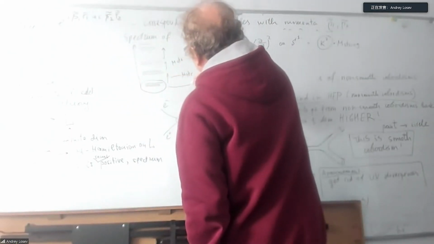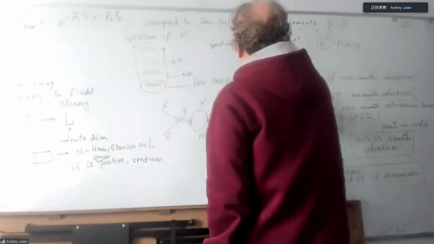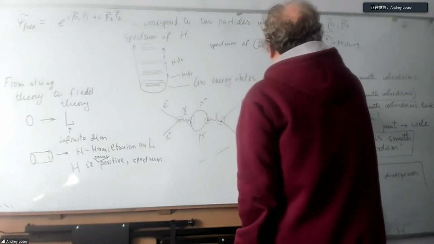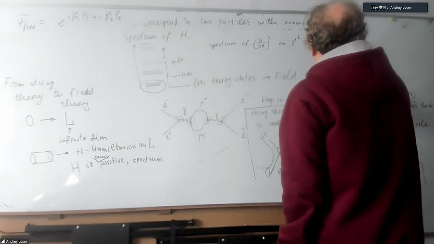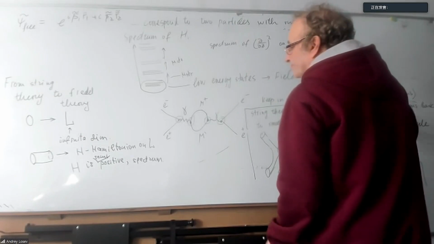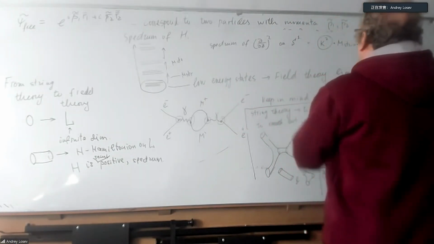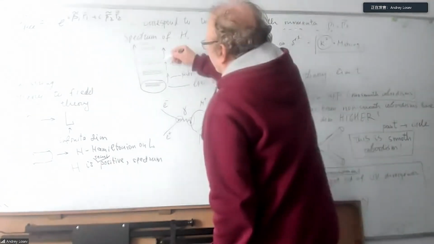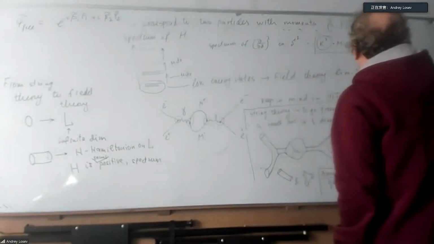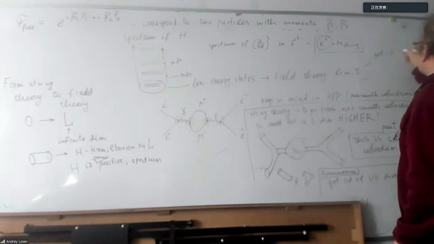So this is low energy states. This is called the field theory limit. And to go to this field theory limit, we need to forget about higher states, about these states. But we can get it by taking cylinders long.